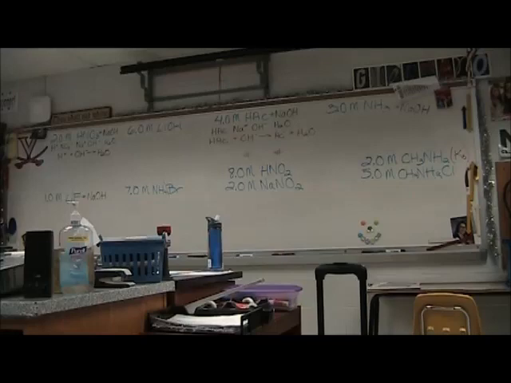Buffer? No. Salt and a strong base. Oh, wait. OH minus. What's the only thing that can be my acid? H2O. Okay, and what's the base? Anybody want to tell me what the products would be?